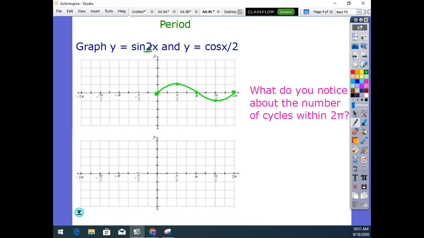So if we want to calculate what the new period is, we always take the original period of the function. For sine and cosine, that's 2 pi. And we divide it by the number of cycles to get pi. What that means is it will complete 1 full cycle within pi.